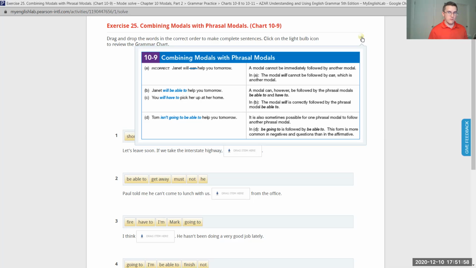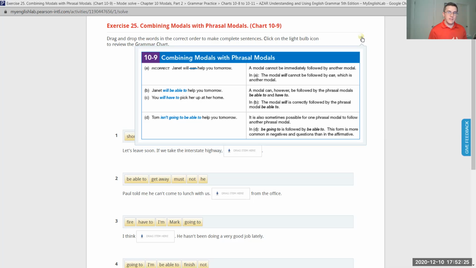The modal will can be followed with the phrasal modal be able to. So modals can be followed by phrasal modals like be able to and have to. Example C, you will have to pick her up at her home. The modal will can be followed by the phrasal modal have to.